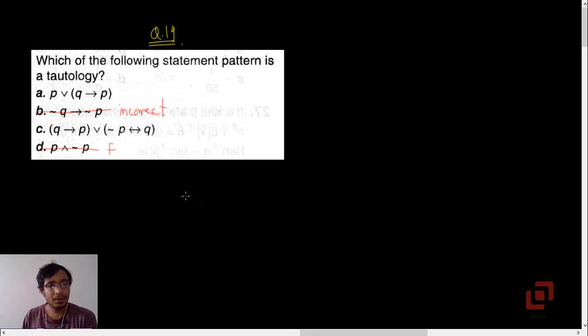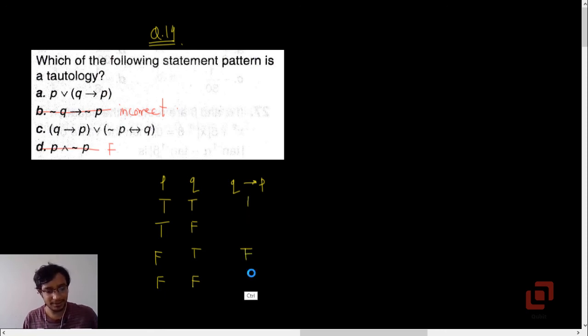Okay. So P, Q, Q implies P. TTFF, TFTF. Q implies P will be false here. Everywhere else it will be true, sorry, I always say false but I write true.